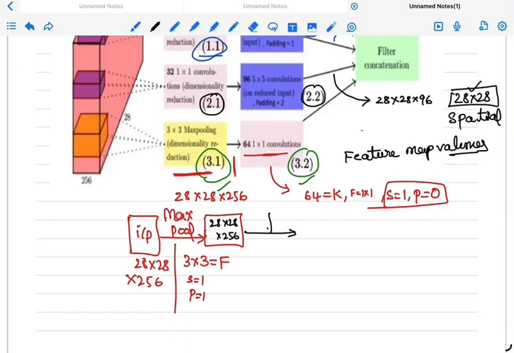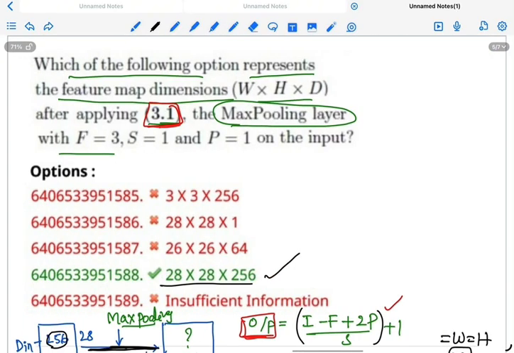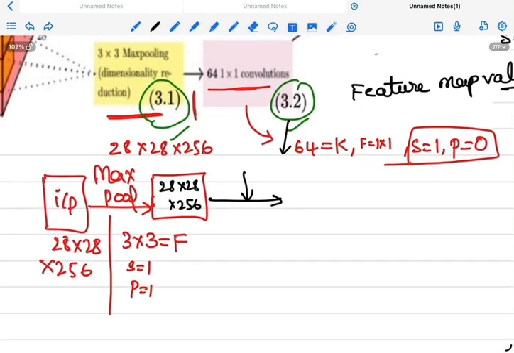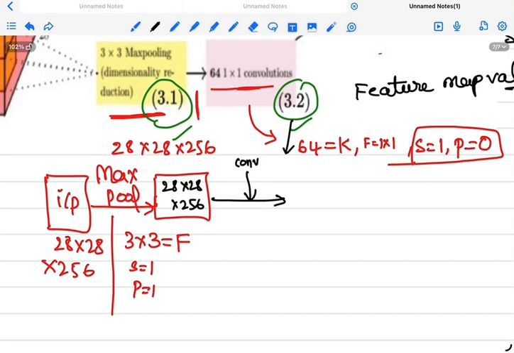After this we use block 3.2. In this question we already calculated only 3.1, not the 3.2 block, so we want to calculate this also, don't forget. That is the convolution layer with 64 kernels and filter size 1 cross 1. They don't mention stride and padding, so in general we consider padding 0 and stride 1.